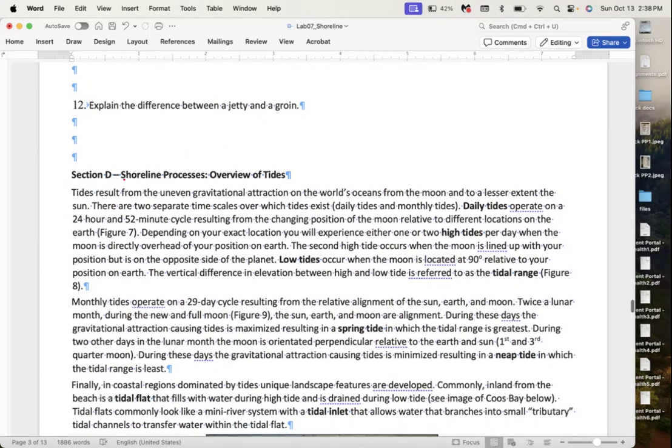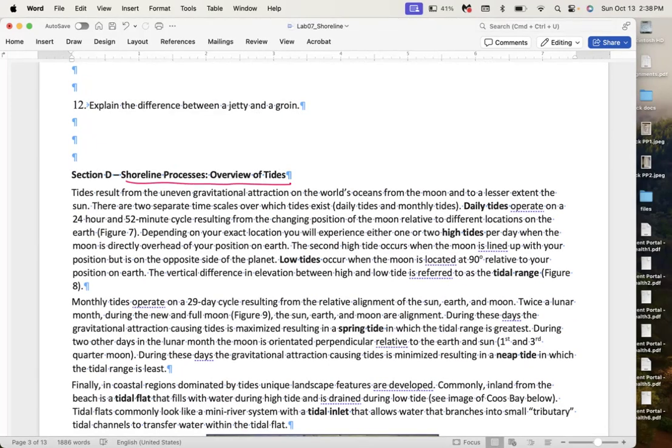Section D is shoreline processes, and this has to do with tides. So tides are superimposed upon the wave system. They're controlled by the moon, its position relative to Earth, and also the sun, although the sun is significantly further away than the moon.